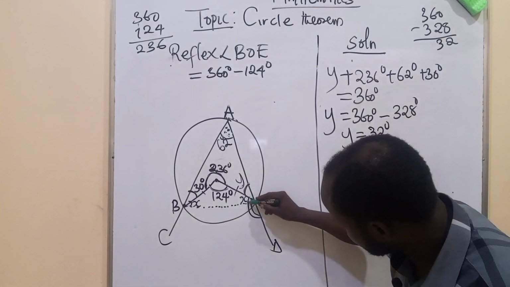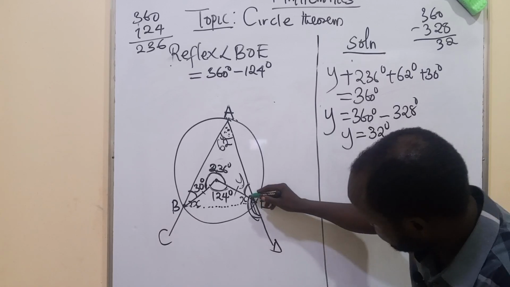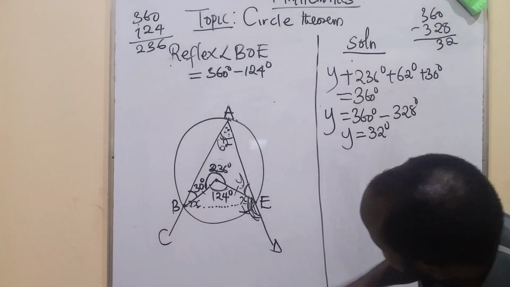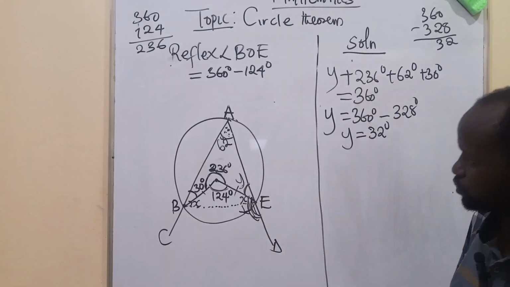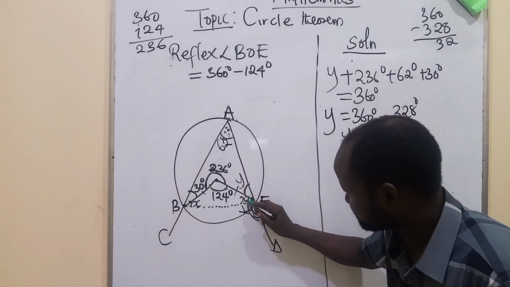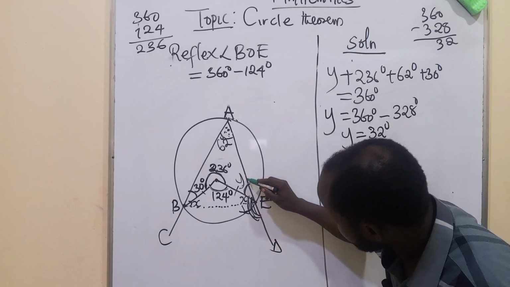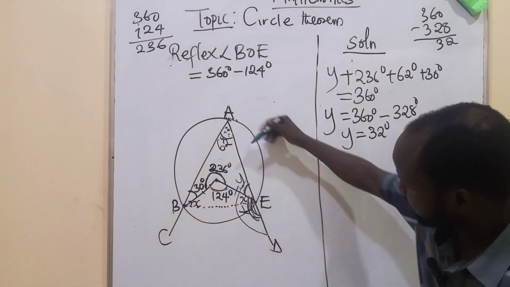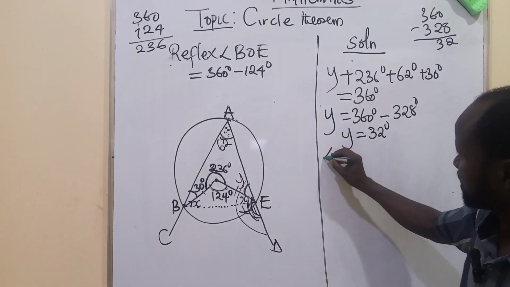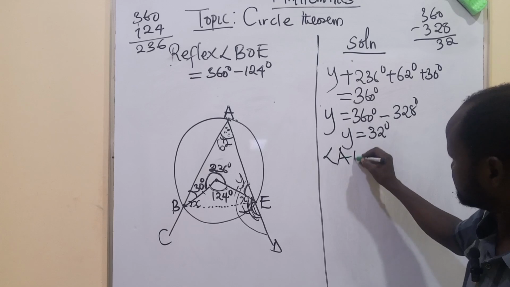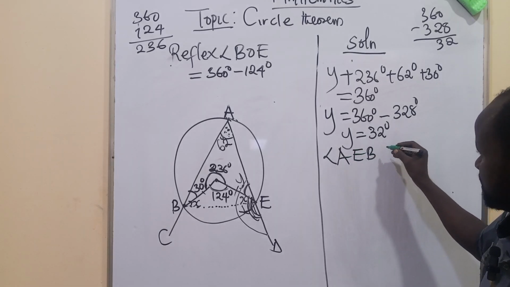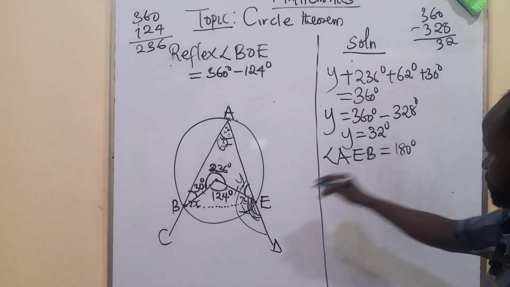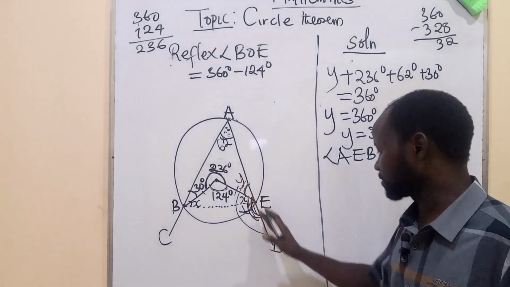So we can easily find, because we're looking for the whole of this angle. Let the whole of this angle be K. It means y plus K will be equal to 180 degrees. We don't even need this x value, because the whole of this angle here is 180 degrees, sum of angles on a straight line. It means we can say angle AED is equal to 180 degrees, sum of angles on a straight line.